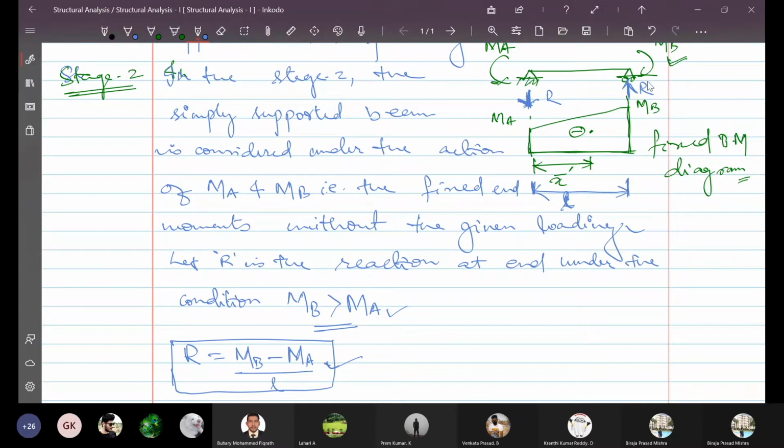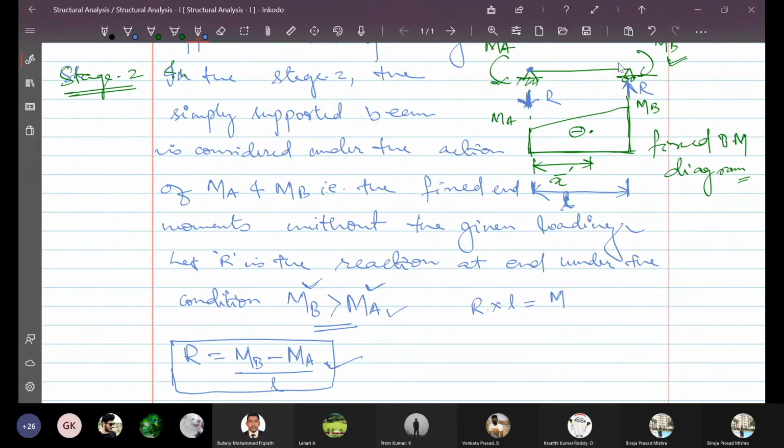Here we have two fixed end moments. If I take moment at this point, it will be R into L. R into L equals, I'm considering MB is greater than MA, and I'm taking moment about this point.